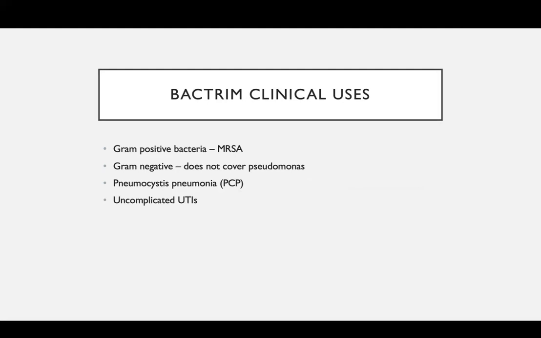And clinically, we'll see Bactrim being used against gram-positive bacteria. It does cover MRSA. Gram-negative bacteria, there is no coverage against Pseudomonas, though. It's used for PCP and also used for uncomplicated UTIs. And just to add a little bit about Bactrim unique uses, Stenotrophomonas is where Bactrim is the drug of choice, and otherwise we have to use Levaquin.